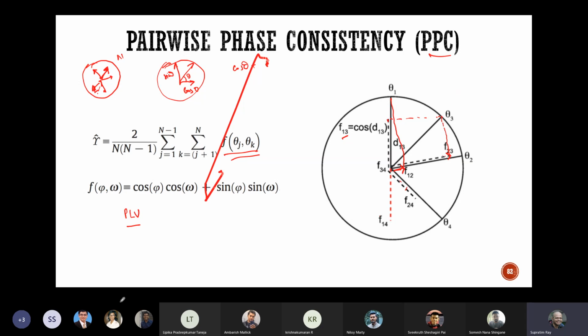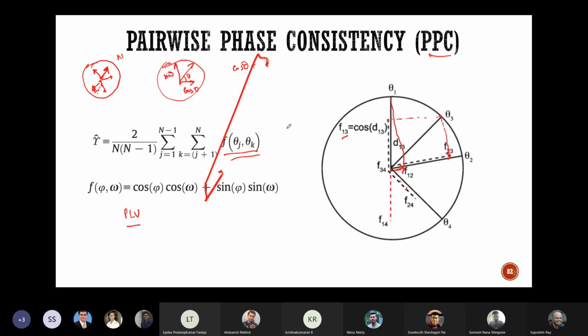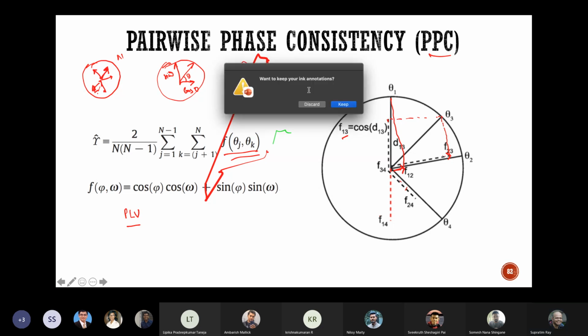Not working. Okay, now it works. So I'll discard these changes and come back here.